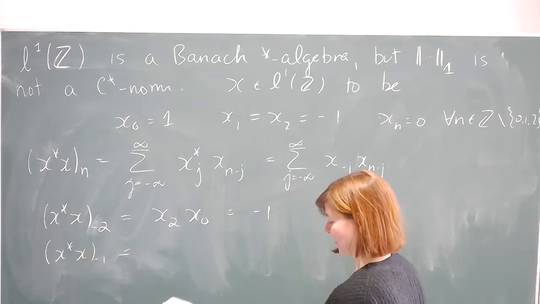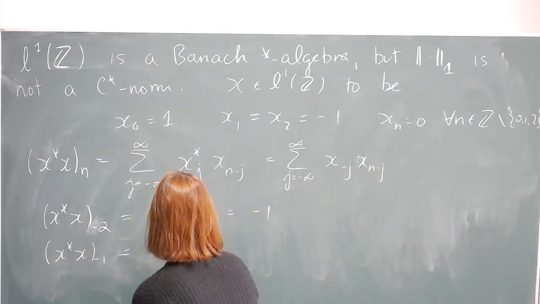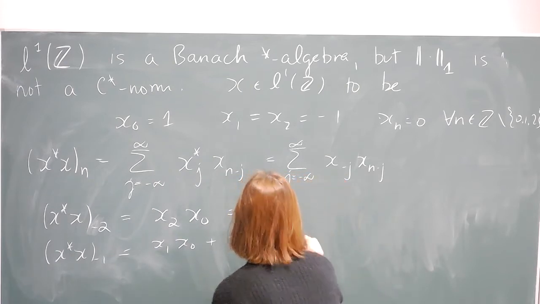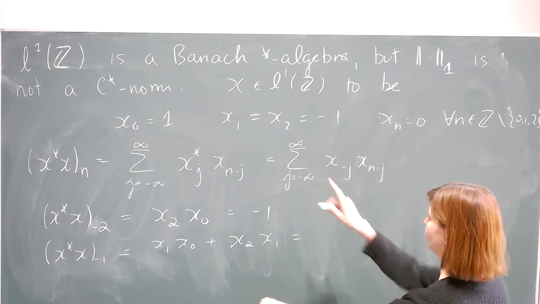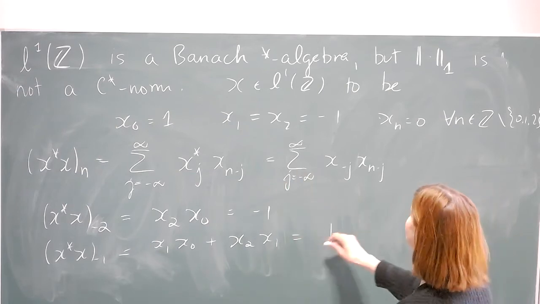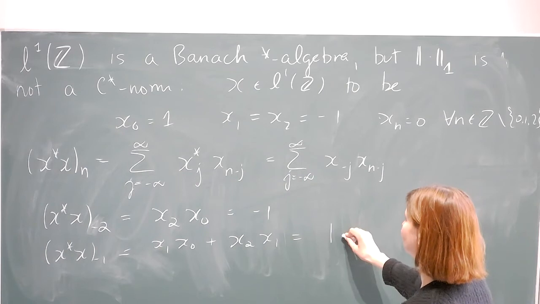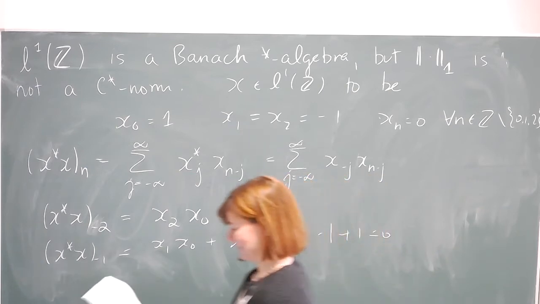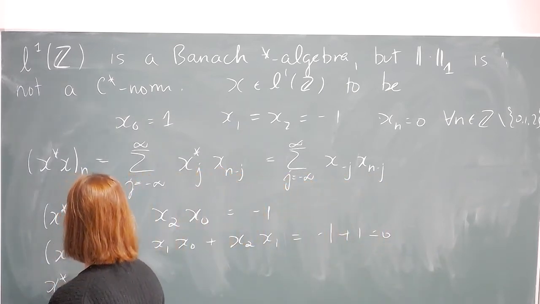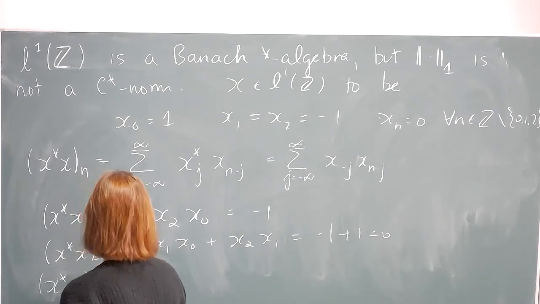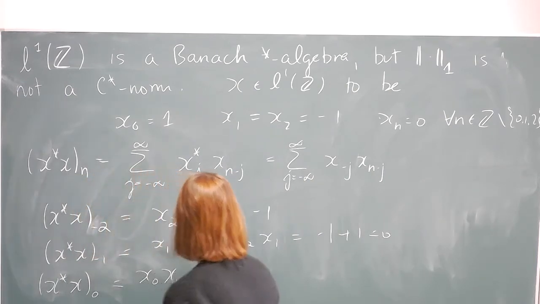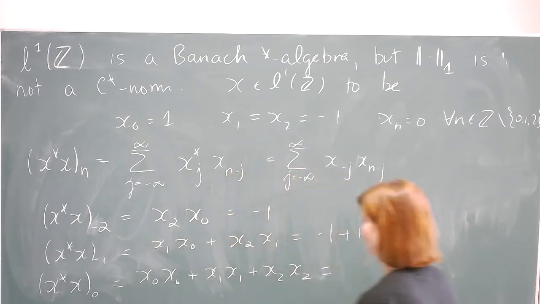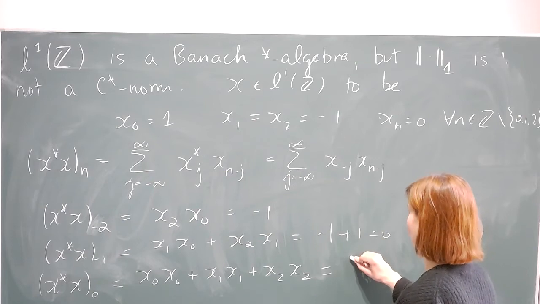For n = -1, we also get x1 x0 and x2 x1, so that is -1 plus 1, which is 0. For n = 0, x0 plus x1 plus x2 squared, which is going to be 3.